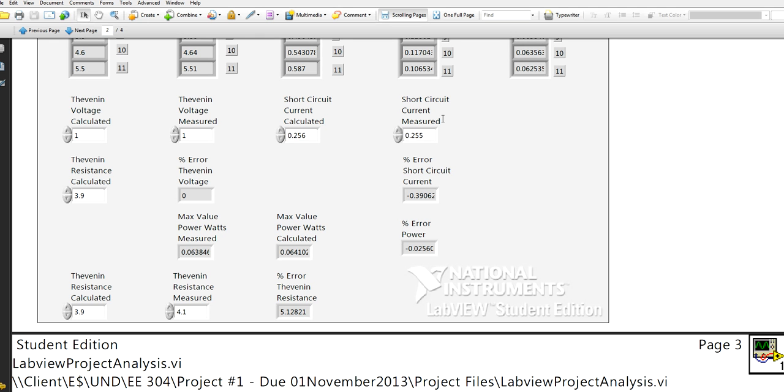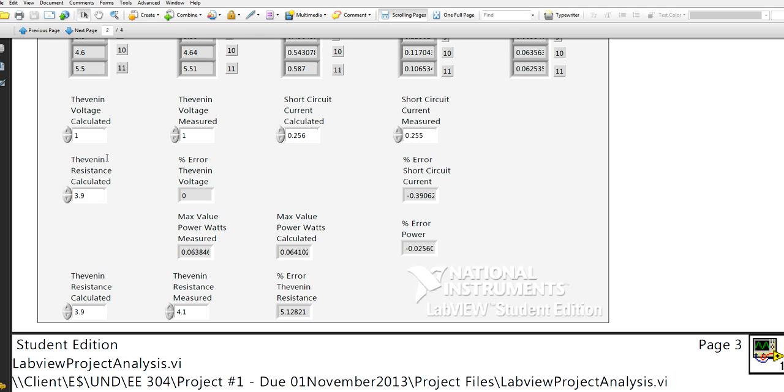Which is in essence a calculated value, because what we did is we took the voltage drop across resistor 4, if you recall, and divided it by the resistance measured for resistor number 4. That's where this 0.255 milliamp value came from. Again, via the block diagram in LabVIEW, we've calculated the percent error in the short circuit current, and it's almost negligible, very close to 0.